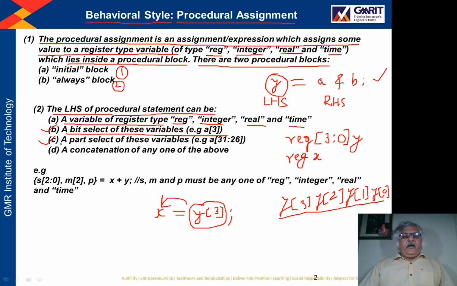C part, a part select of these variables. A part select of these variables means, let us assume we declared another reg type, and suppose this is a two element vector 1 colon 0 of m.